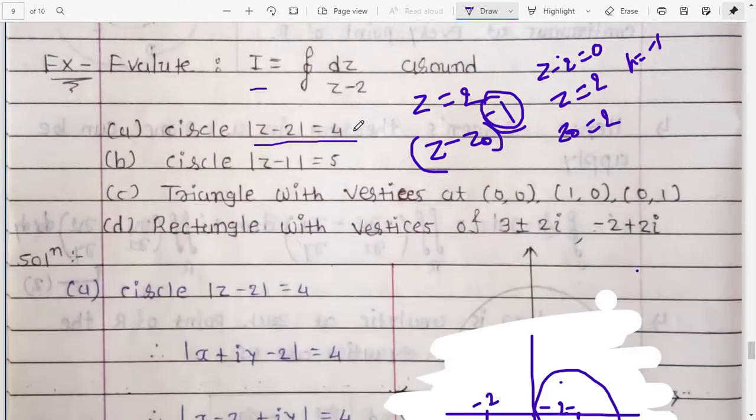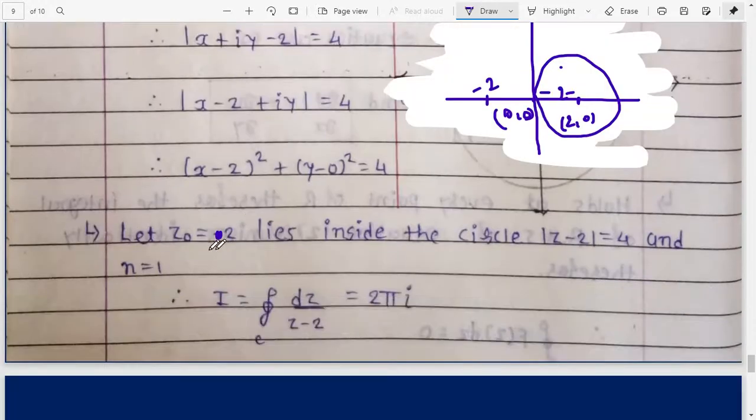So Z0 is equal to 2 lies inside the circle and n is equal to minus 1. So the integration over closed curve C of dz upon z minus 2 is equal to 2 pi i.